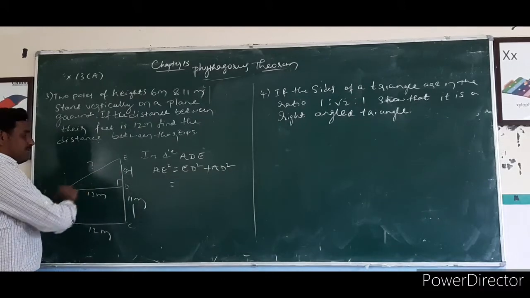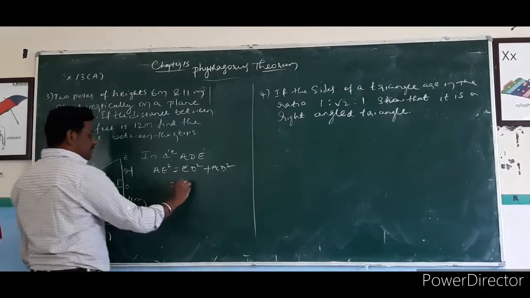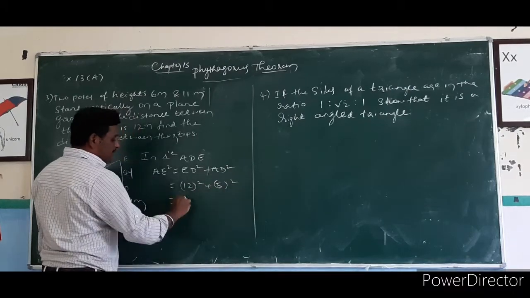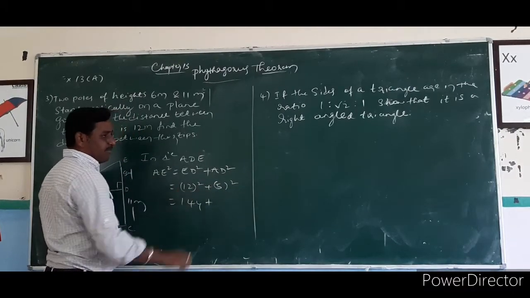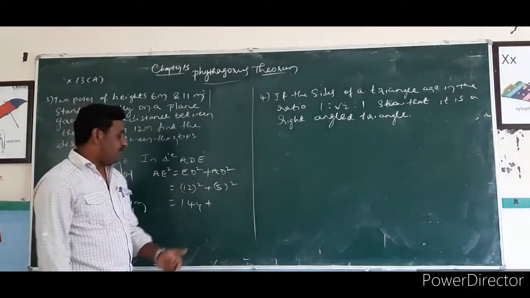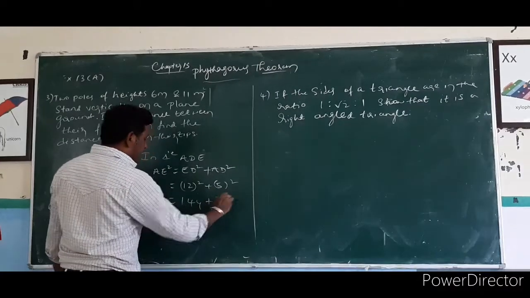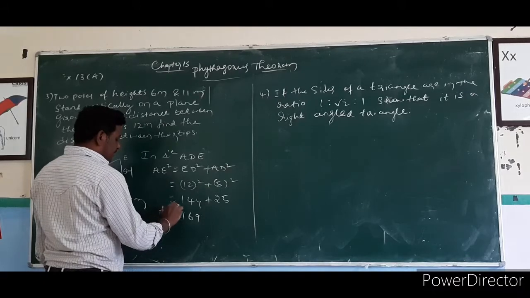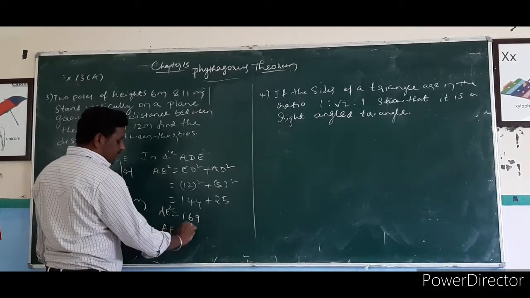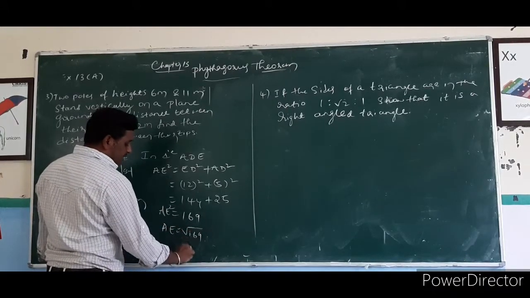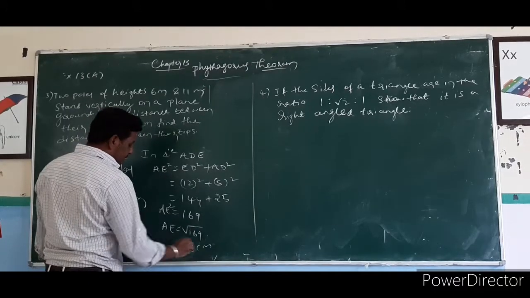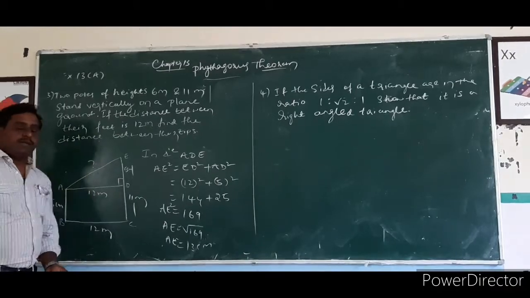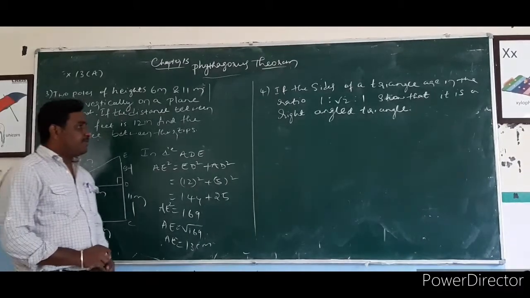We want to find out AE length, that is 12 square plus 5 square. 12 square means 12 into 12, 144. 5 square means 25. That is 169, AE square. AE is equal to root of 169, that is 13. So this is the distance between the two tips.